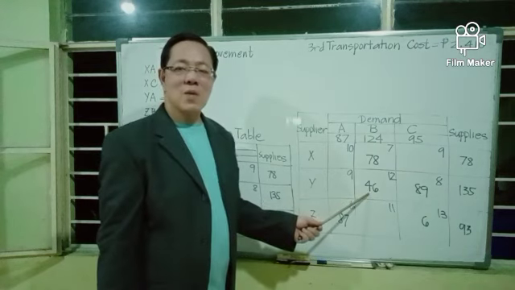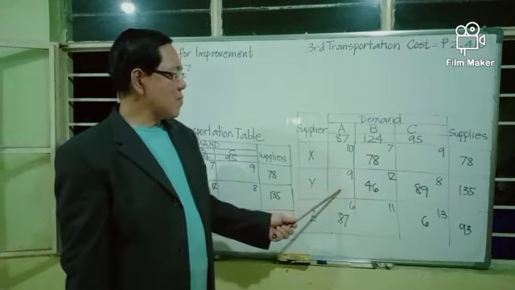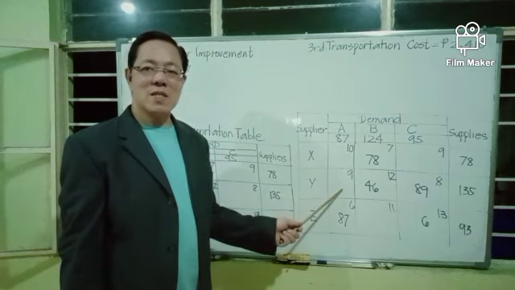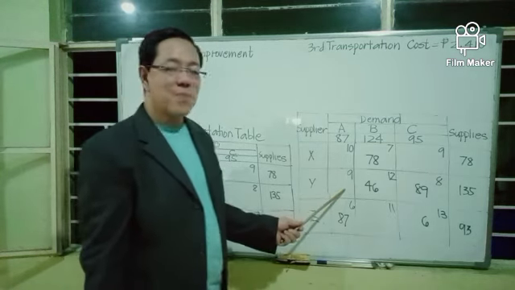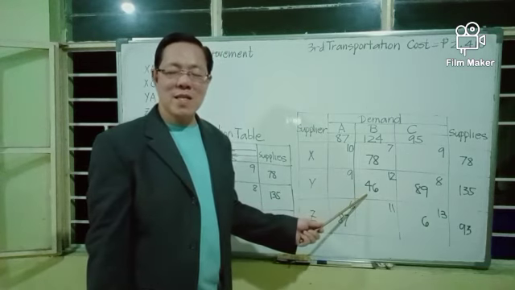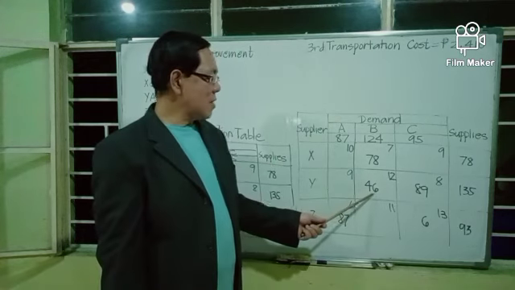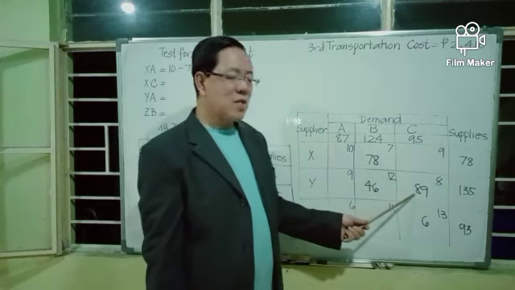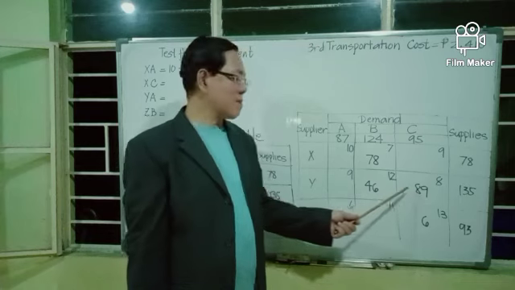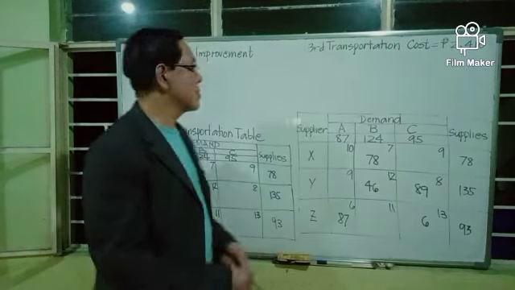From 46, we now move horizontally, and we cannot move horizontally to the left because this is an empty cell or vacant cell. Hence, from 46, we move horizontally to the right up to 89. And the cost associated with this horizontal movement to the right is the positive of this cell cost, or plus 12.